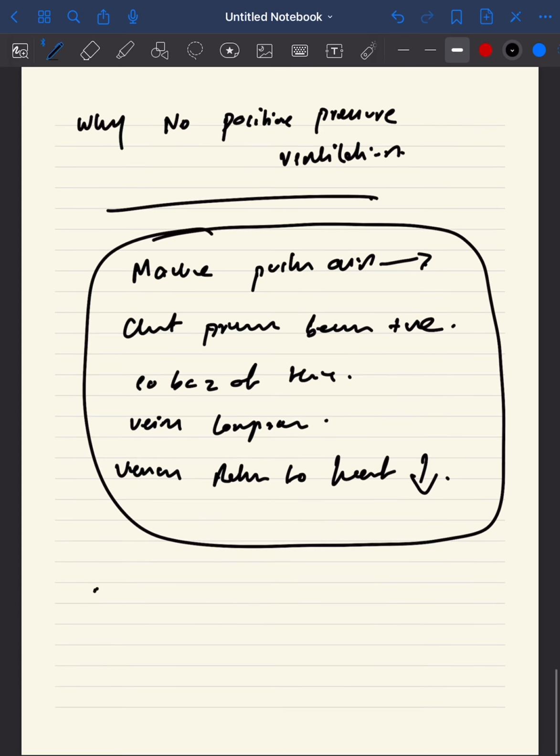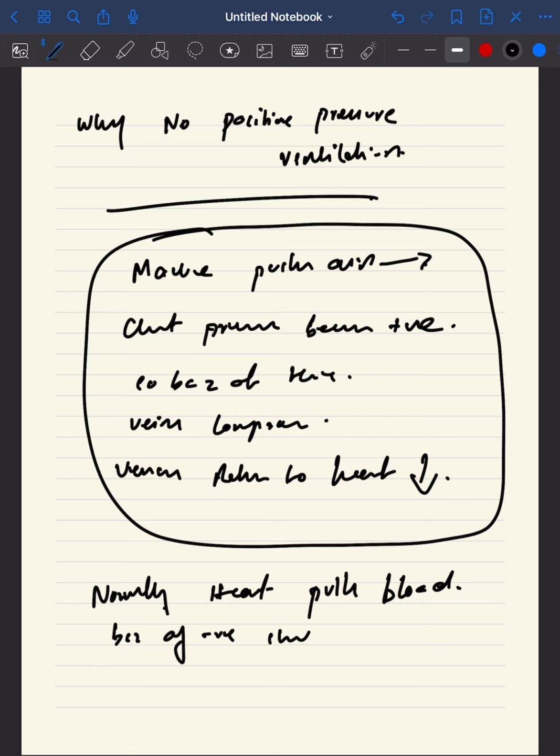Normally what happens? The heart pulls blood because of negative chest pressure, because of the diaphragm expansion. Blood is sucked into the heart. But this is different. We give a positive pressure, so chest pressure increases, so it compresses the veins, so venous return decreases.